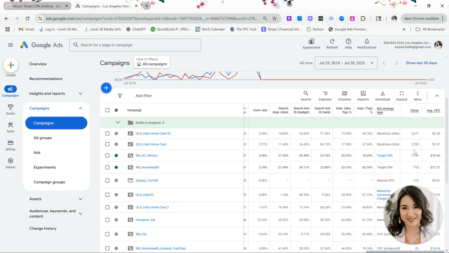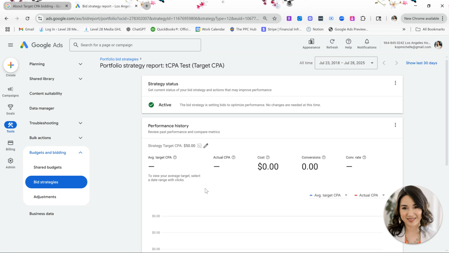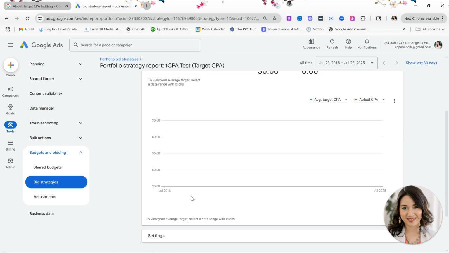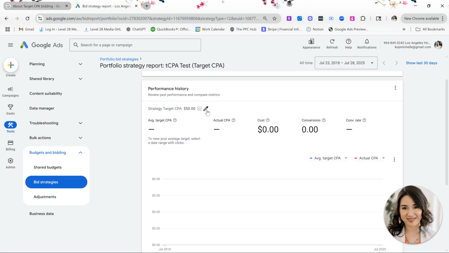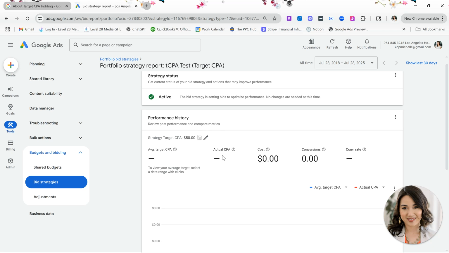Usually I found Google's suggestions to be pretty good because it does look at historical data, but it does tend to inflate it because it doesn't want to start too low. So if you want to just go with what you've been able to achieve before, then do it. If not, then you can use what Google suggests.